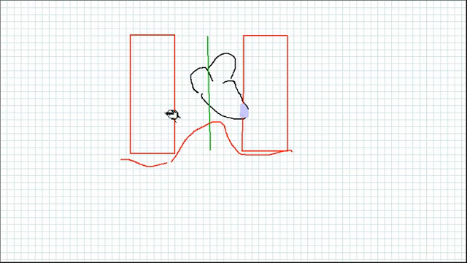Suppose these two are your lungs, and this is your heart.